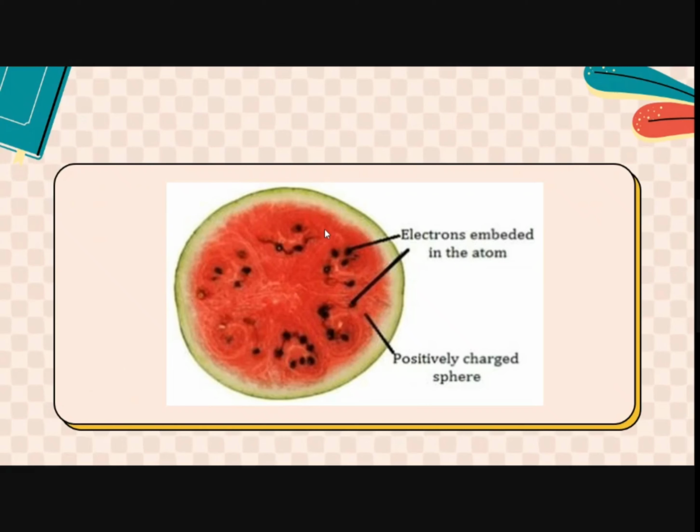So the red part has a positive charge. The black seeds in the watermelon are the electrons having a negative charge. So overall, the charge comes to zero. That means the atom is electrically neutral. So you can use the watermelon too for this theory.